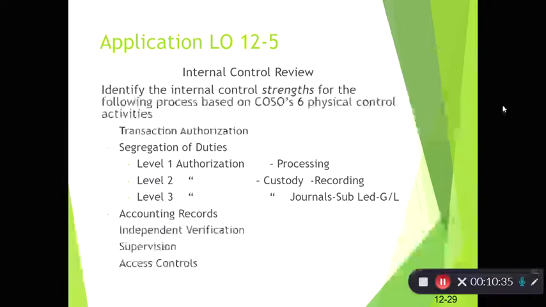We're going to use a process you're familiar with, which is the SUA, and we're going to look at trying to identify physical control activities based on the COSO framework, and looking at those 6 areas of physical control activities. We did this for revenue as well. Keep it in mind, remember, it's really hard to see supervision, and it's really hard to see access controls on a flow chart. But that's what we're going to end up doing for our application.